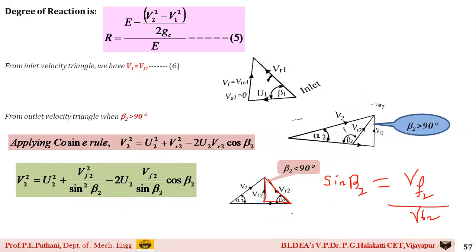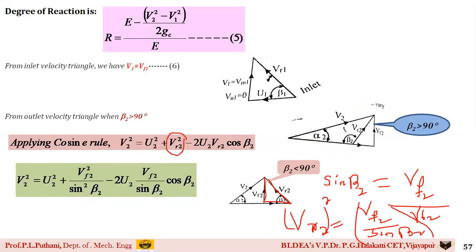We need the value of Vr2, so Vr2 is equal to Vf2 by sine beta 2. Here it is Vr2 square, so I will square this one, which means it becomes Vf2 by sine beta 2 whole square, which I have written directly here.